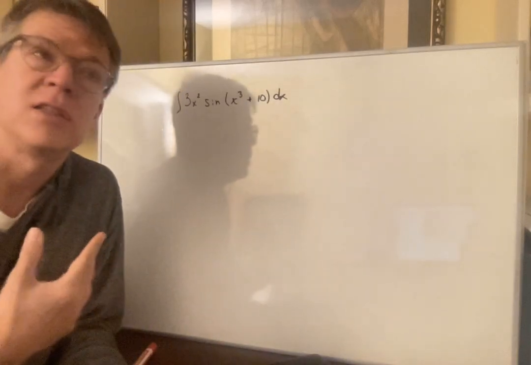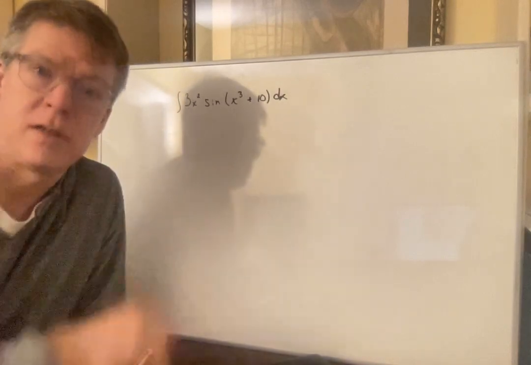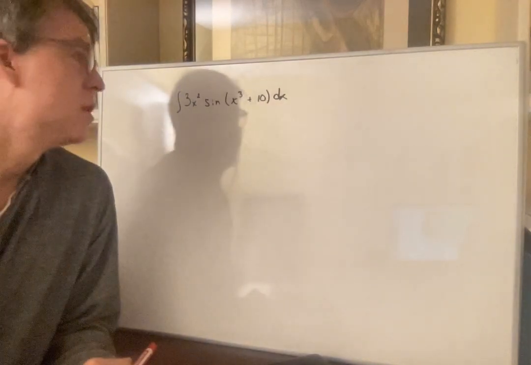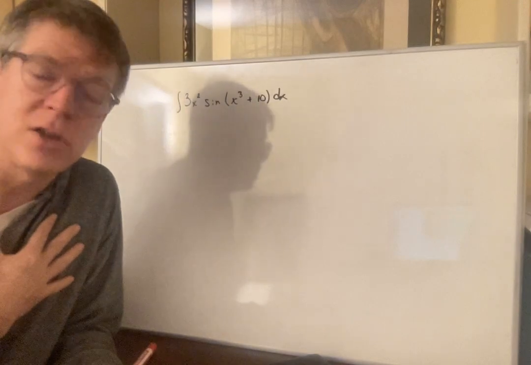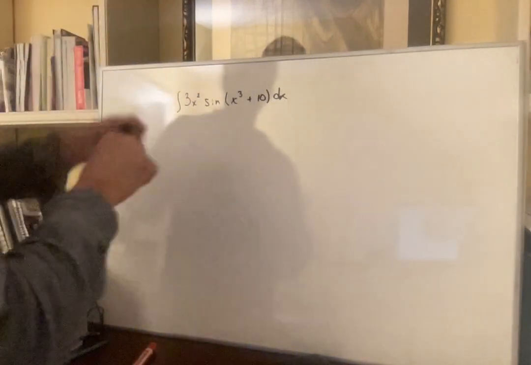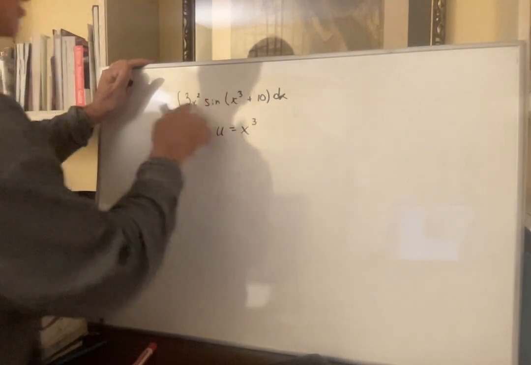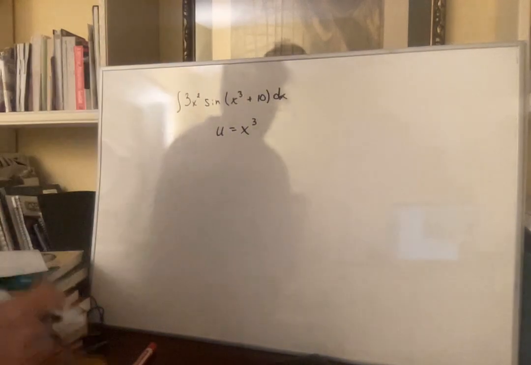It's the part of the function that has its derivative elsewhere in the function. So I would totally understand if somebody was like, well, then you haven't changed anything. We're just going to have our u be x cubed again, because that's going to be part of my function.